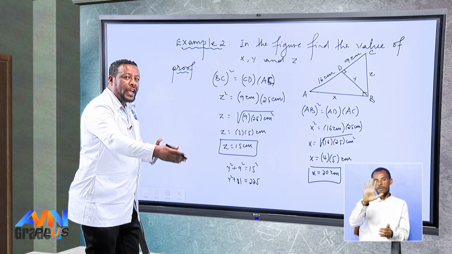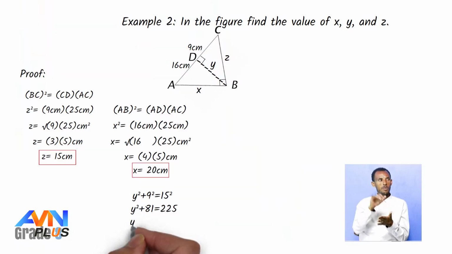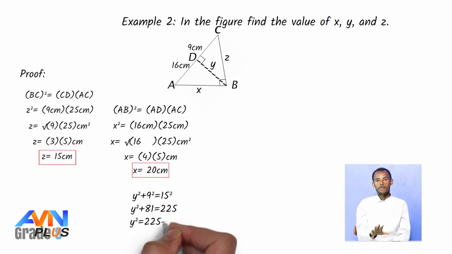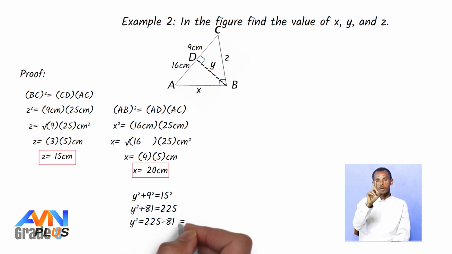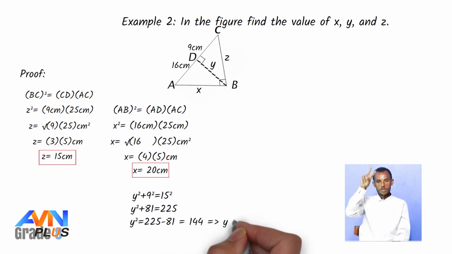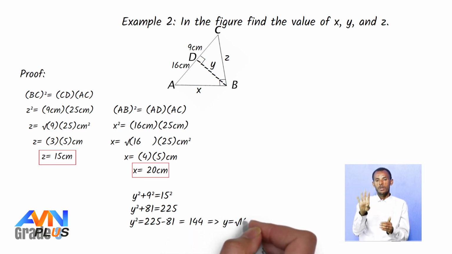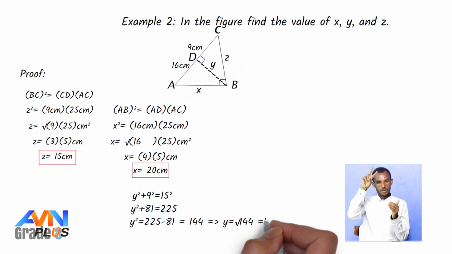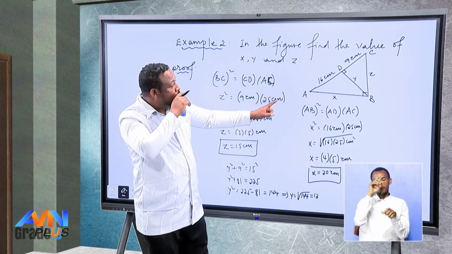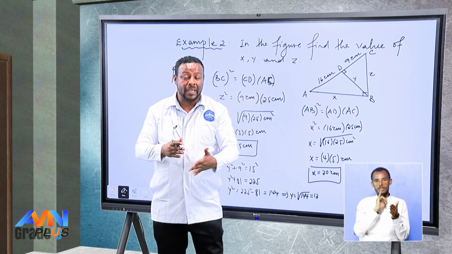Now you can take y square is equal to 225 minus 81, and this difference is 144. So y square is 144, and y becomes the square root of 144, or 12. So the value of y in this case is 12 centimeter.